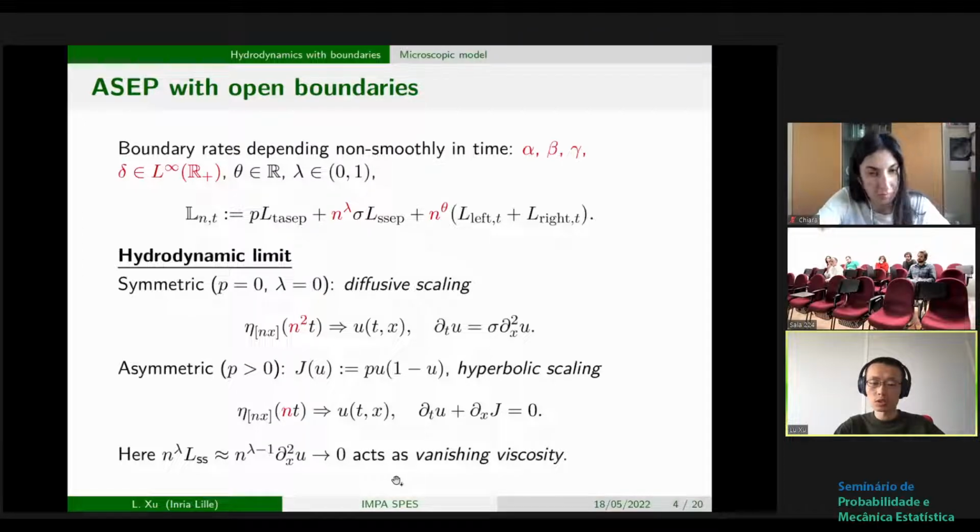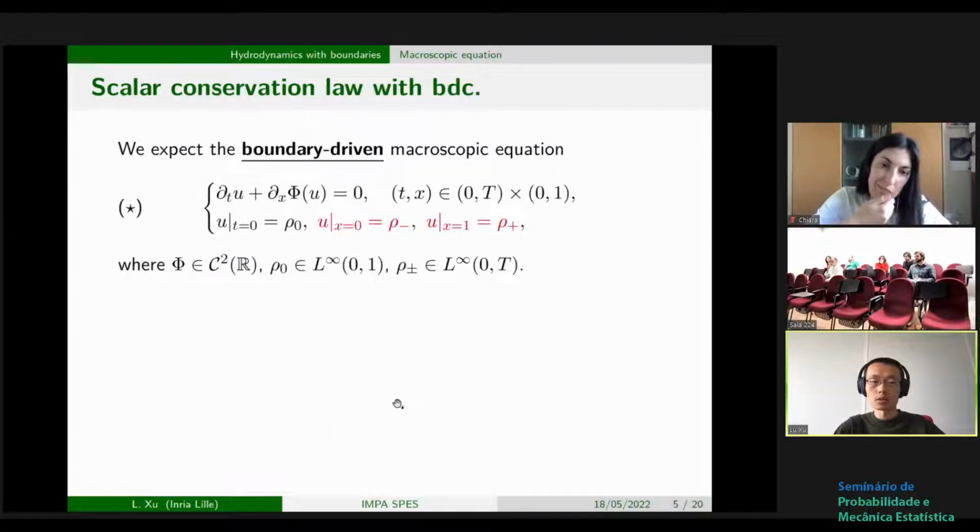And what we are interested in is what is the boundary condition attached to this hyperbolic conservation law. Let me first imagine that we expect the boundary-driven macroscopic equation to take this form. Here, partial phi is a flux, so it should be u times 1 minus u, but I would like to consider some more general case.